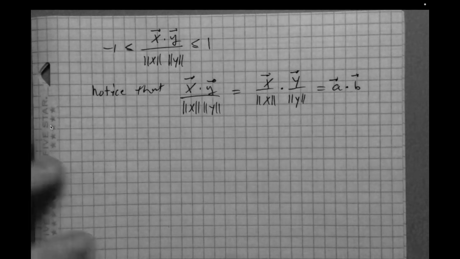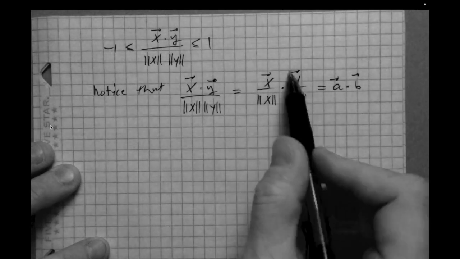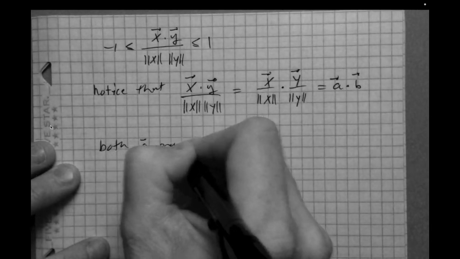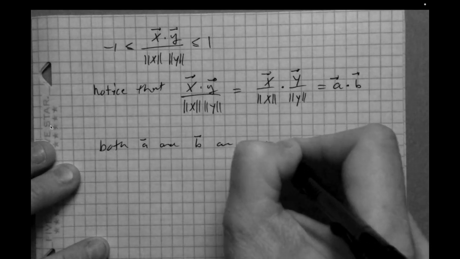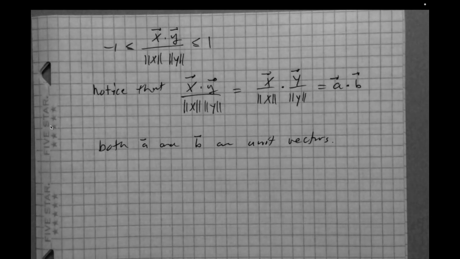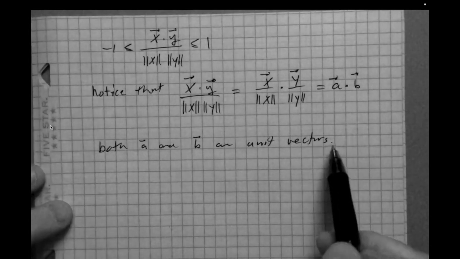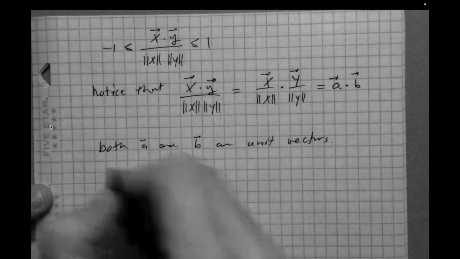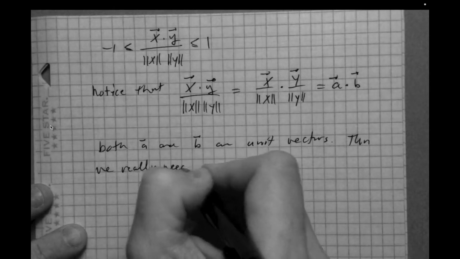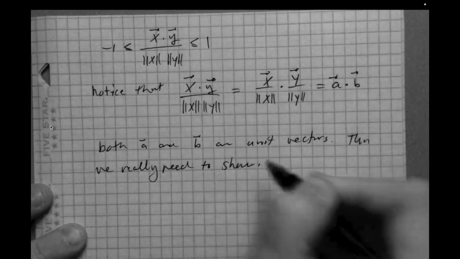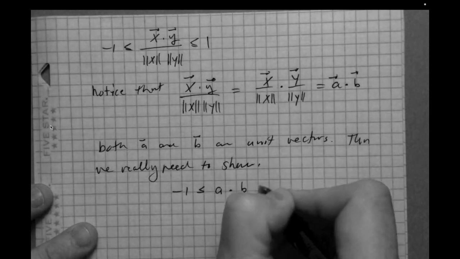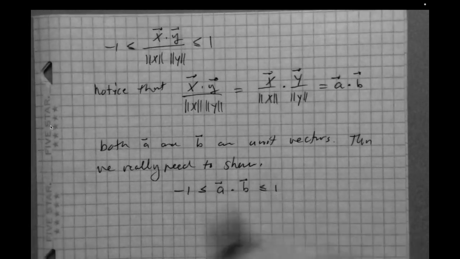Now, the key here is both a and b as defined are unit vectors. Okay, so these are both unit vectors. And so what we really need to show is that -1 is less than or equal to a dot b, which is less than or equal to 1.